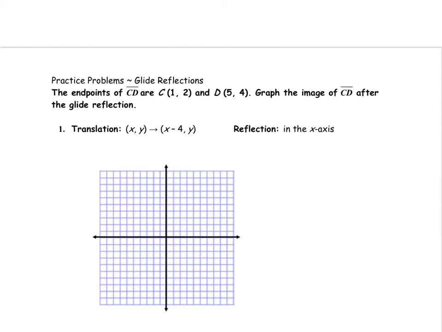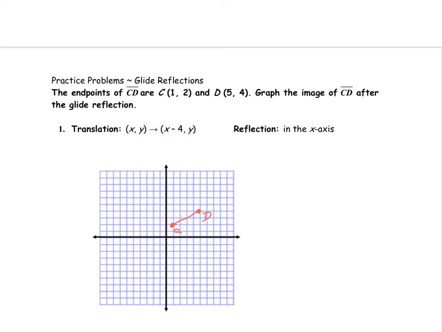Let's look at another glide reflection here. If we take the endpoints of segment CD, let's graph those. C is at 1, 2, and D is at 5, 4. Right here. And that's the points C and D, and we connect those with our segment.